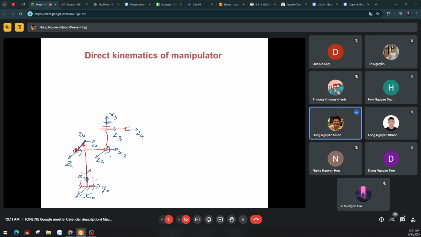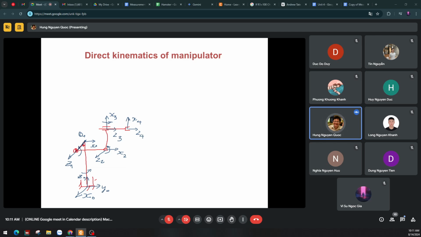Okay, now X4. For X4 you can choose here or here. In this case, it's easy for us to choose X4 here. You can see X4 is perpendicular to and intersects X3.